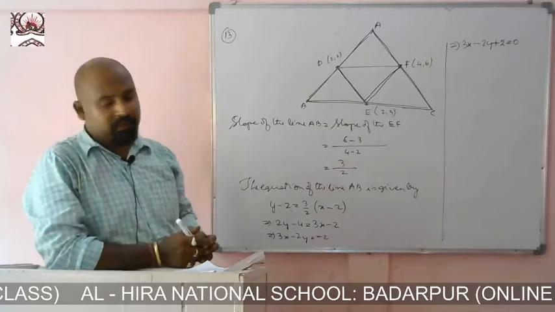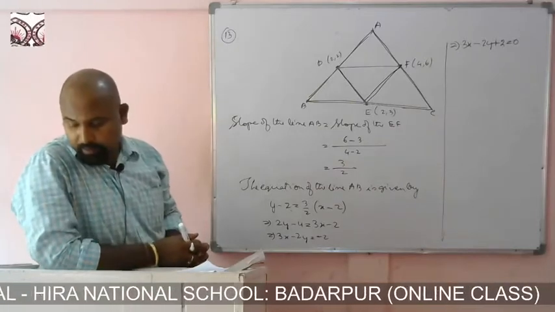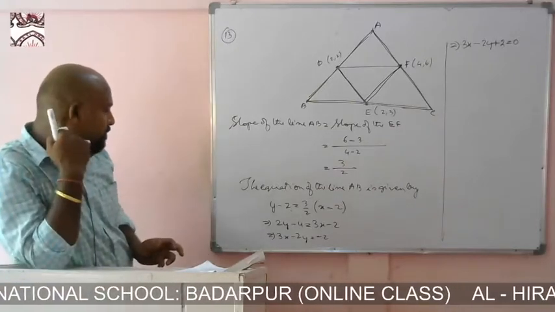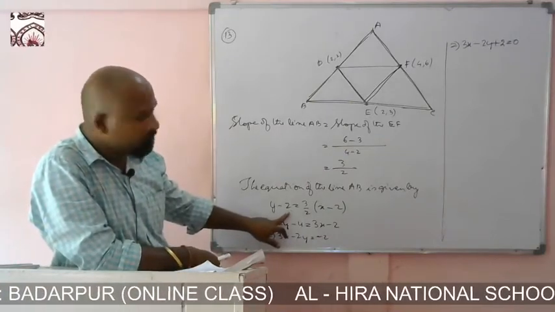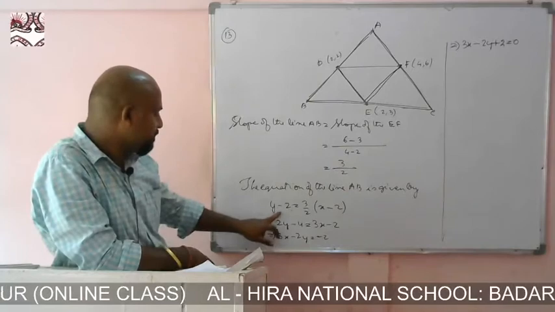So 3x minus twice y plus 2 equals 0. Then what we are getting? 2 comma 2. Okay.